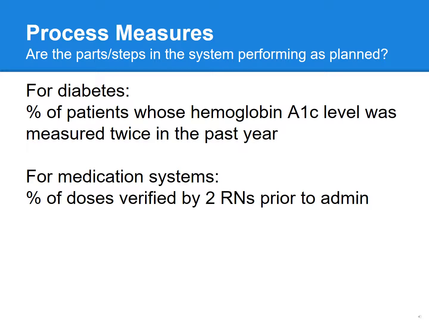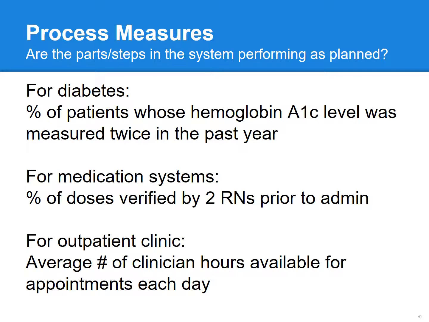For your medication system, you could look at the percentage of doses of medicine that were verified by 2 nurses prior to administration. And that's going to be something that might be much quicker to gather data on than the final overall rate of errors in administration of medicine per 1,000 doses. And for your outpatient clinic project, you could look at the average number of clinician hours available for appointments each day.